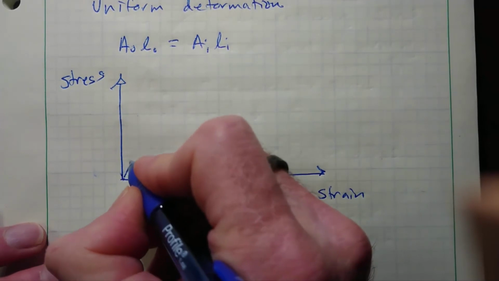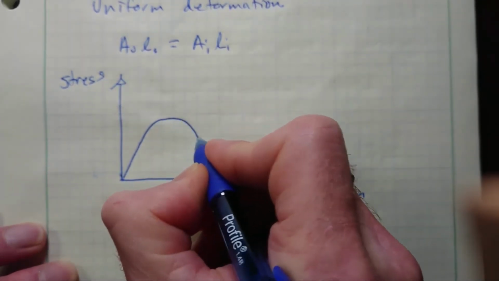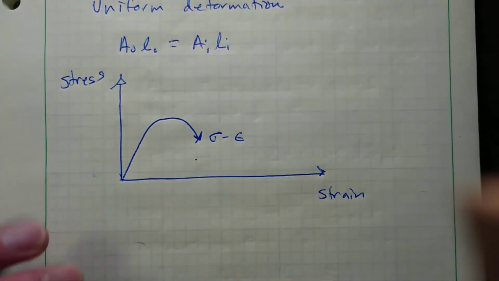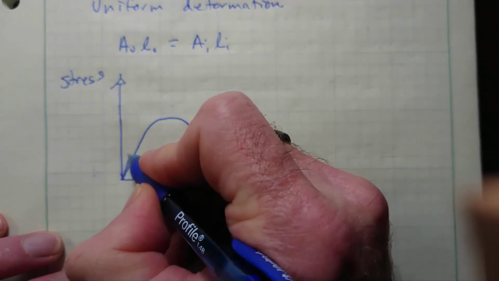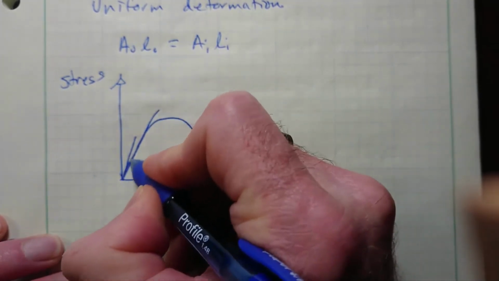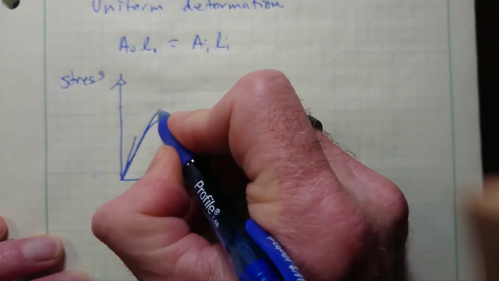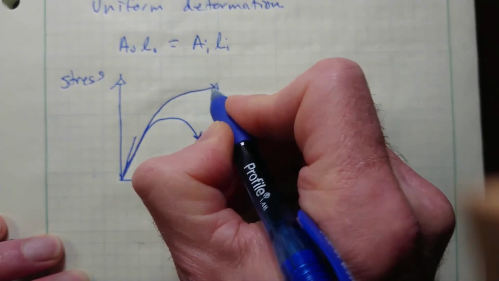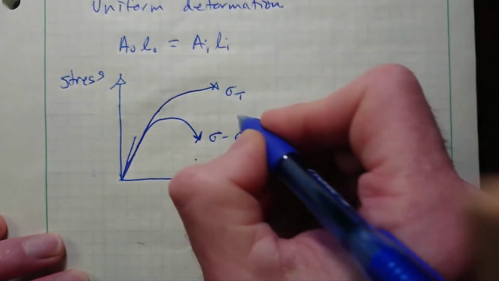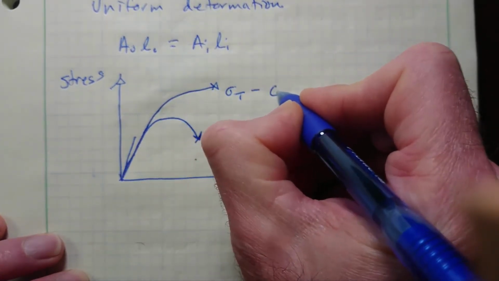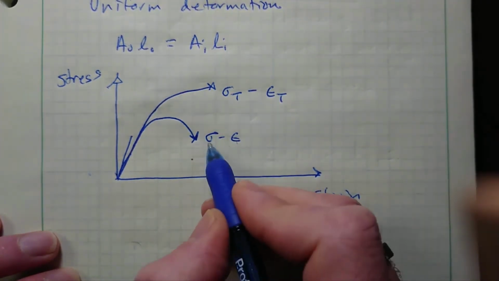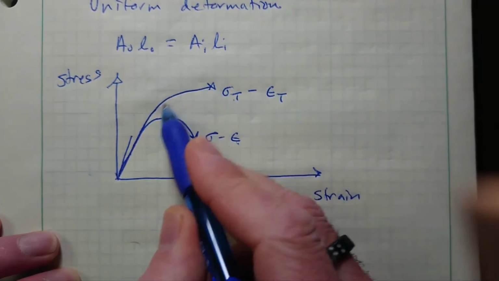So my stress strain curve that we've drawn before may look like that, engineering stress versus engineering strain, whereas my true stress strain curve, it's going to follow initially about the same slope when the strains are small, but we're going to see that the true stress is going to actually be higher than the engineering stress. So this is the engineering stress versus strain curve. This is the true stress versus true strain curve.